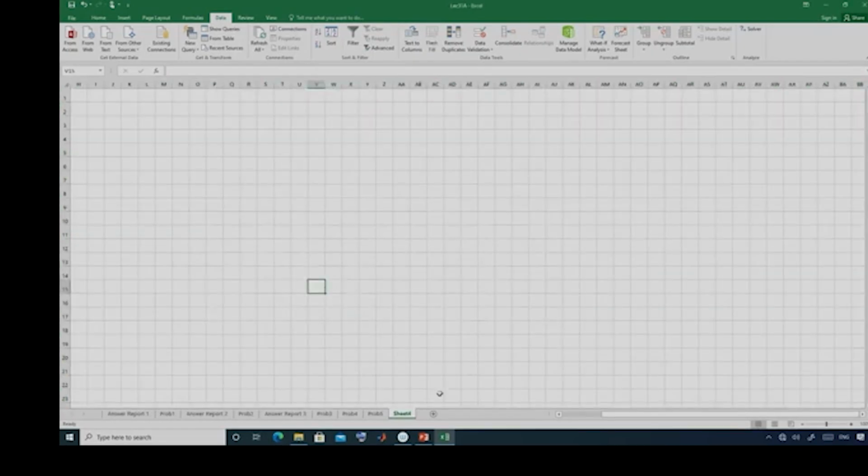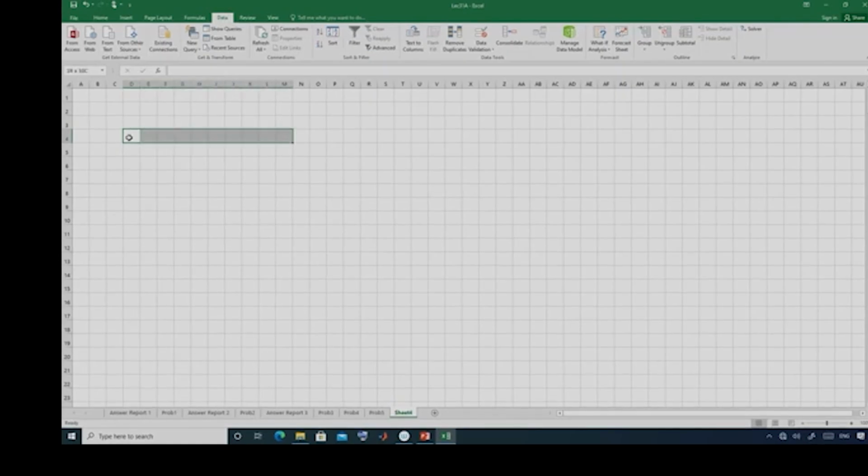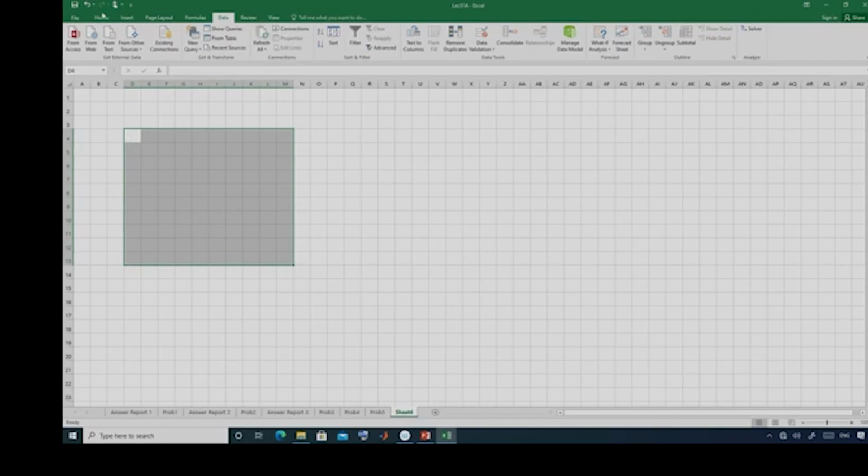Okay. So, here let me define my aquifer. The aquifer size is 10 by 10, that means 1, 2, 3, 4, 5, 6, 7, 8, 9, 10. So, this is 1, 2, 3, 4, 5, 6, 7, 8, 9, 10. So, this is my aquifer.